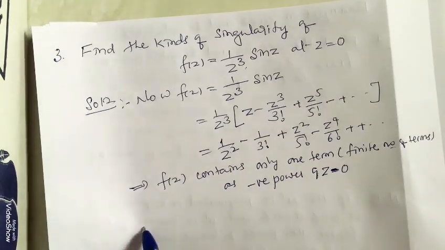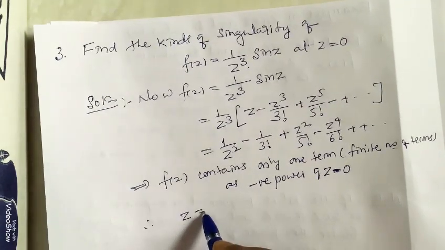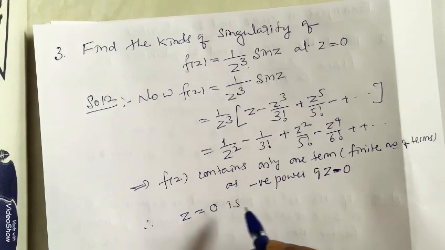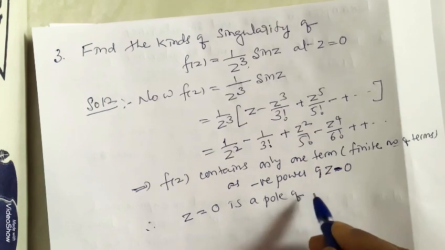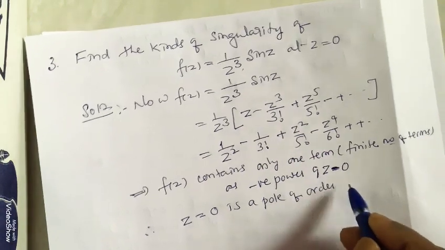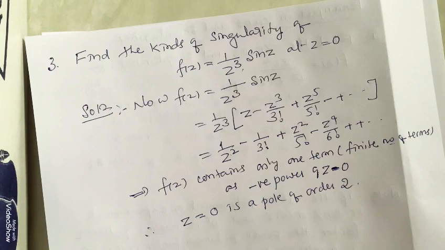Therefore, z = 0 is a pole of order 2. Okay, this is one method.